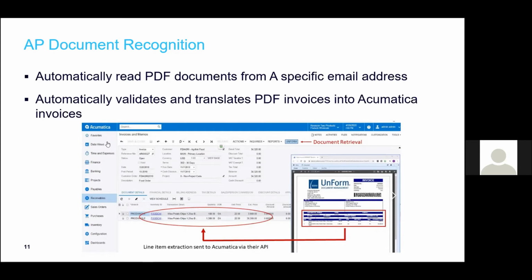Look at the inbound invoice, recognize there's a PDF on it, pull the PDF into the system, perform recognition of that, then leave it in a state that somebody that's not a machine can review and finalize. So it's actually quite remarkable, and it's a relatively new feature in 2021.